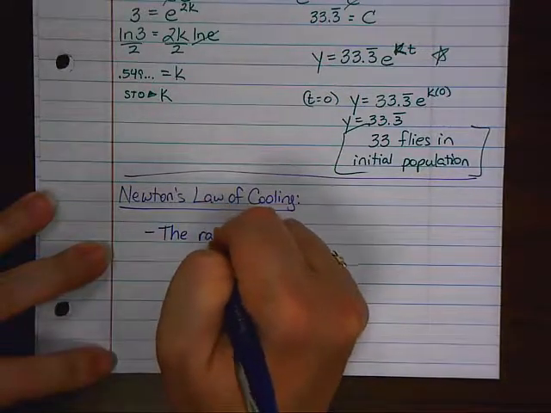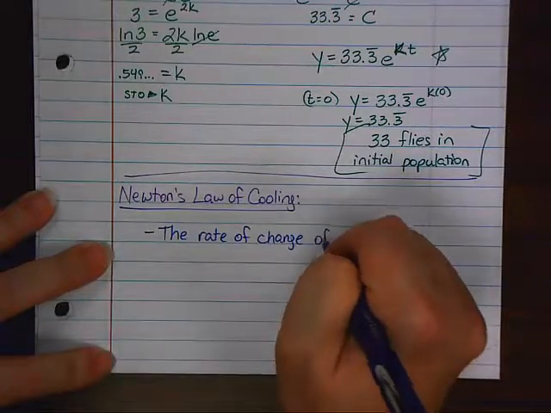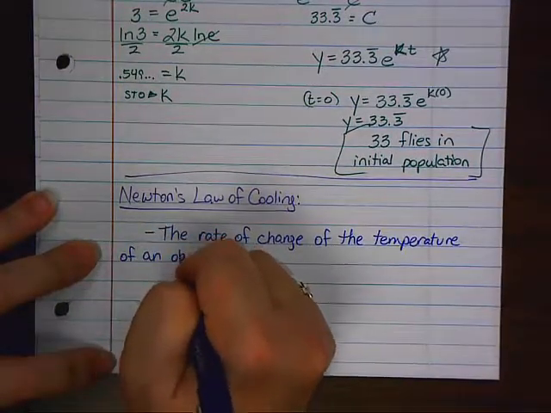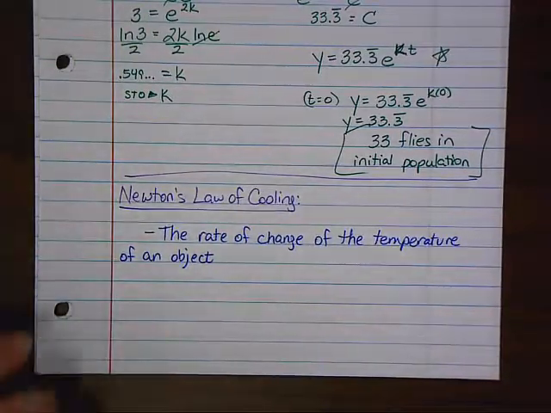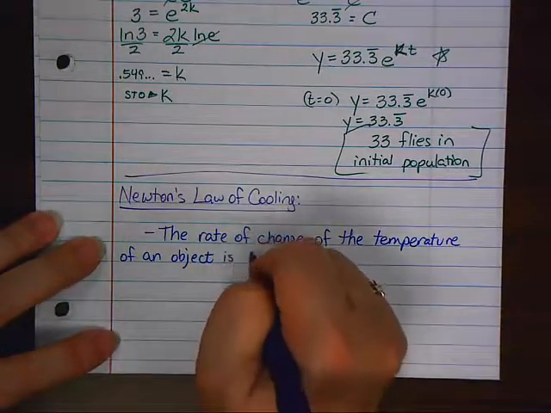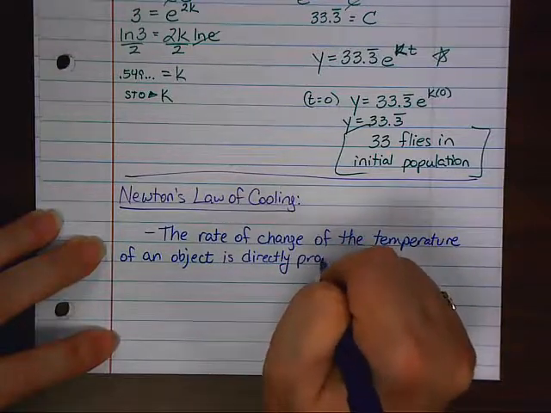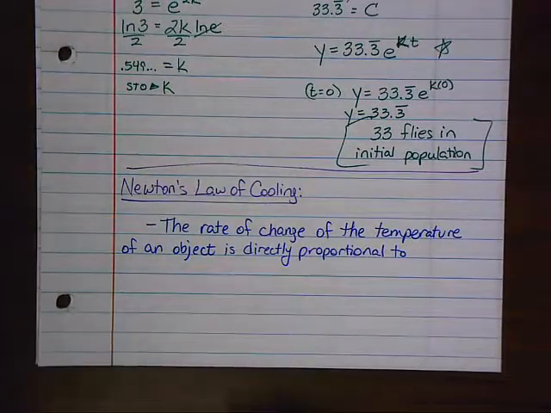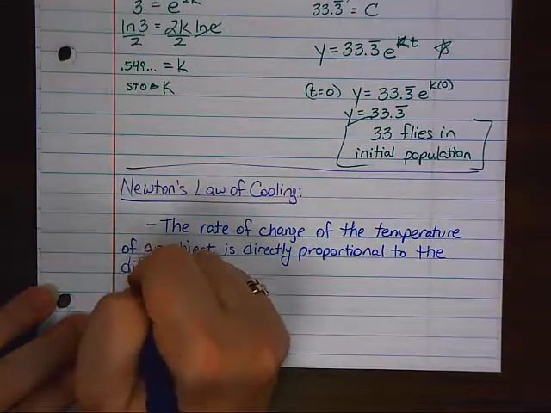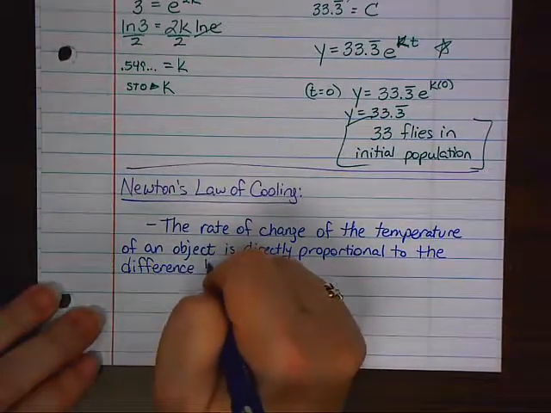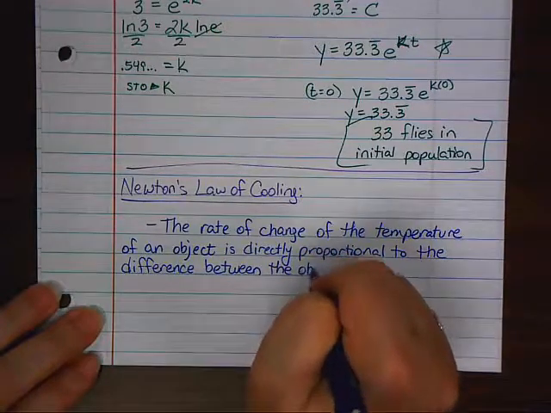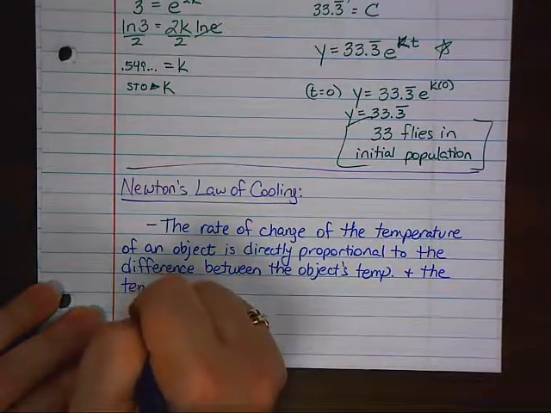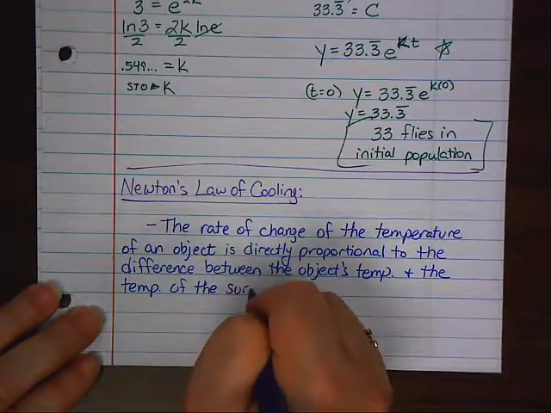Okay, here we go. Here is Newton's Law, and we're going to use it to write a formula in a minute. It is the rate of change of the temperature of an object is directly proportional to the difference between the object's temperature and the temperature of the surrounding medium.